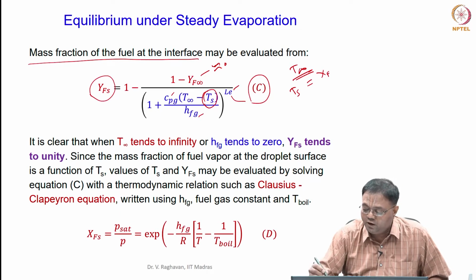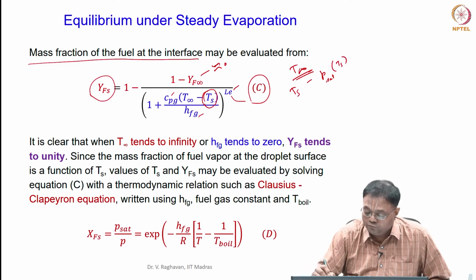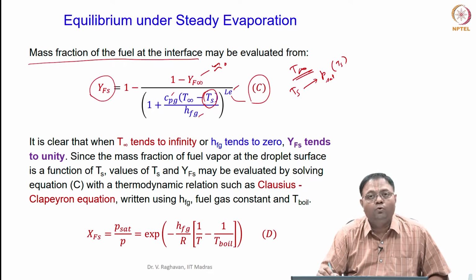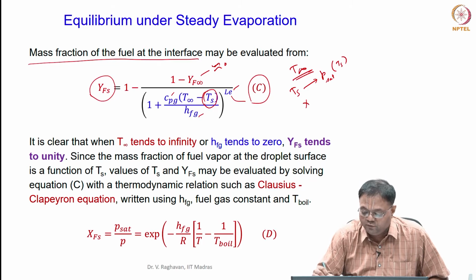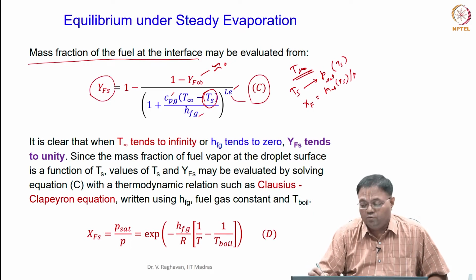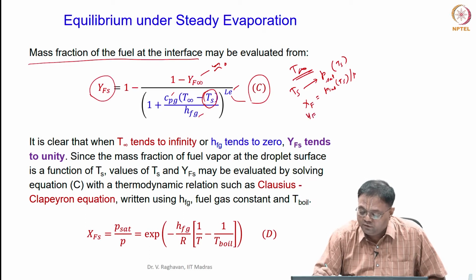For example, from this Ts you get the saturation pressure at Ts. Once you know the Ts value, you can get the saturation pressure at Ts. This will give you the mole fraction of fuel, which is the saturation pressure at Ts divided by the total pressure P. Now mole fraction will lead us to mass fraction, and once mass fraction is known, you get this value.